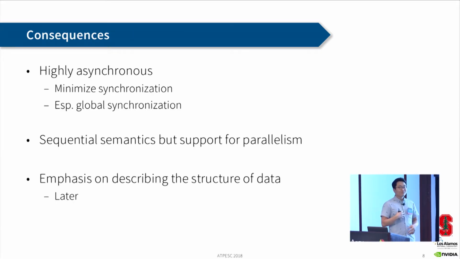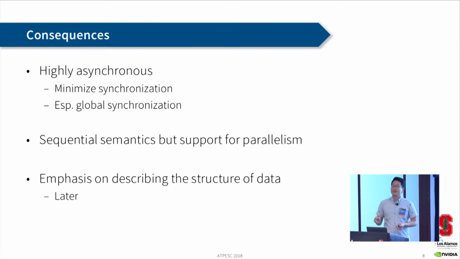Okay? And this has some consequences. First of all, even though we provide sequential semantics in our program model, the underlying execution is very asynchronous, and there's no notion of global synchronization or anything. If you're familiar with the traditional bulk synchronous style of programming, this might sound a little bit weird, or you may find it a bit unusual, but this is intentional.